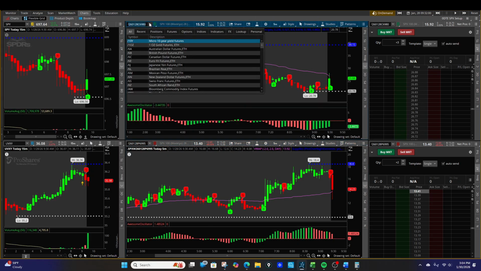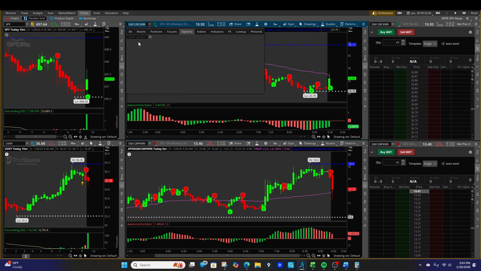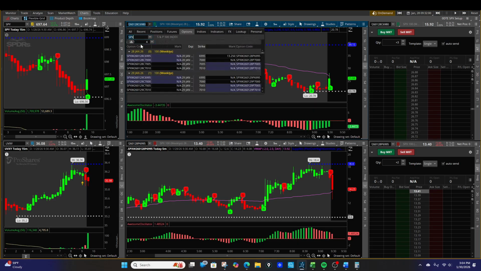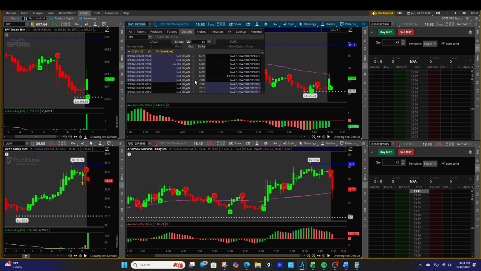Up here, I click the symbol table, and I go to Options, SPX, and I like to see about 14 strike prices. And I trade at the money, so I'm going to go to the first purple bar.